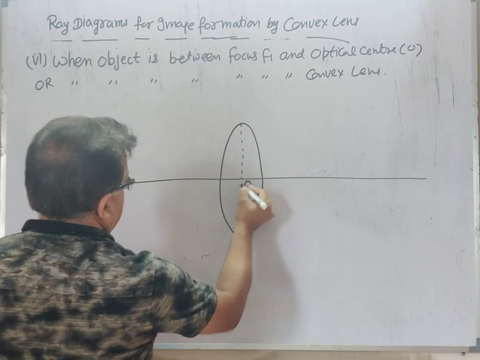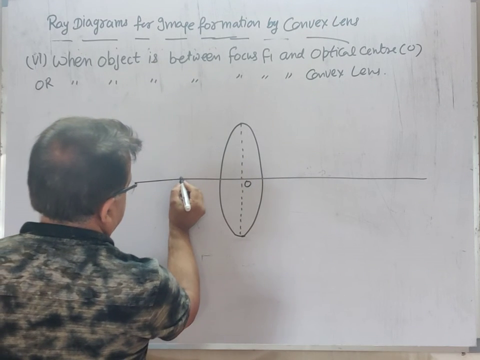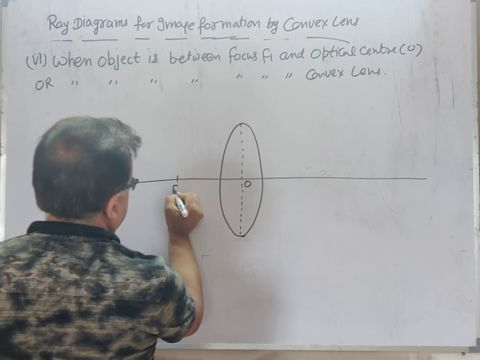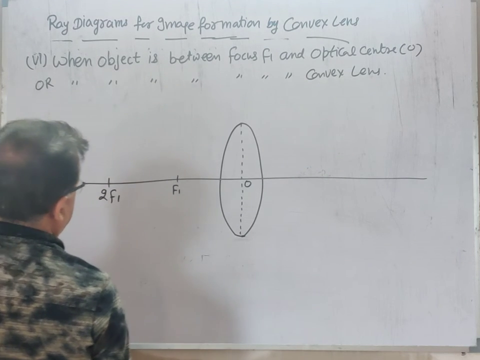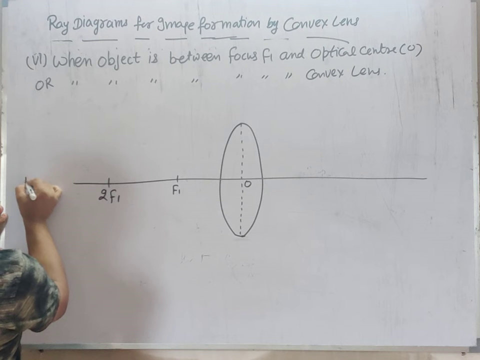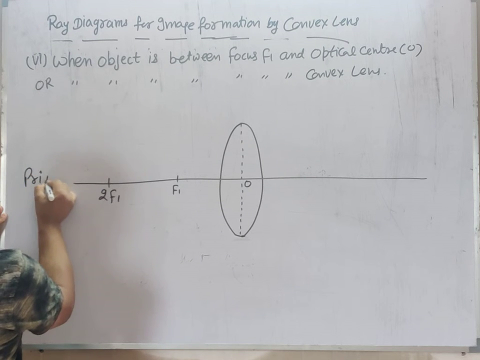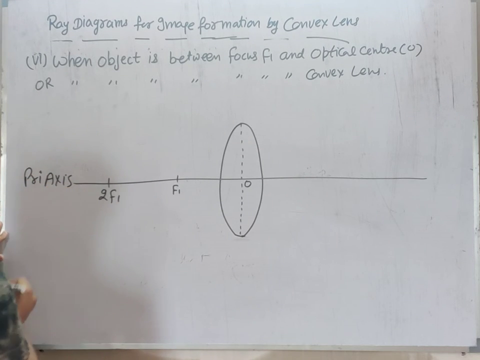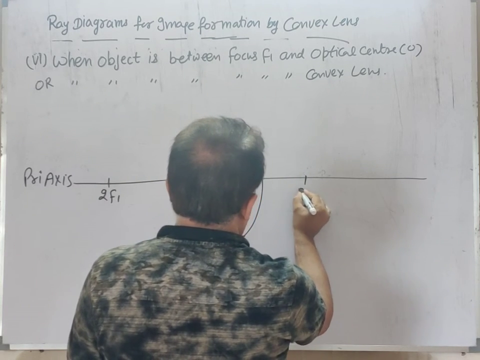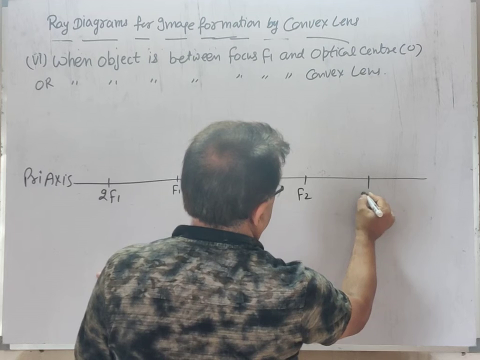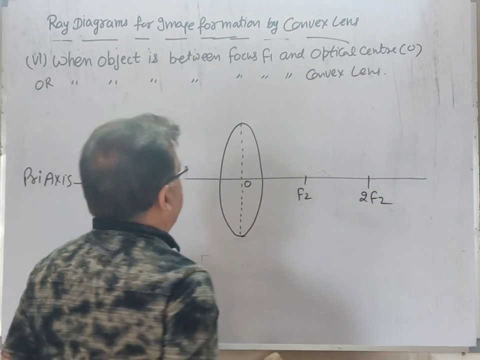Here it is the optical center, let it be f1, then twice f1, 2f1 or center of curvature. It is the principal axis, and on the other side it is f2 and twice f2.